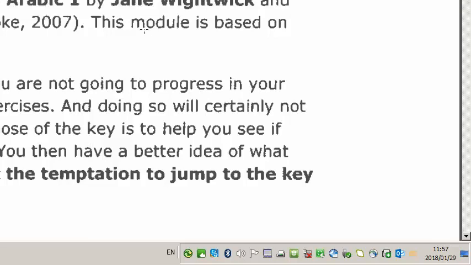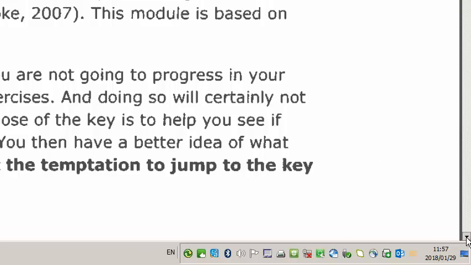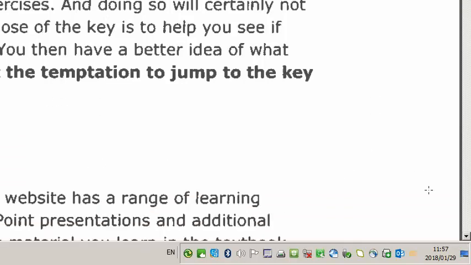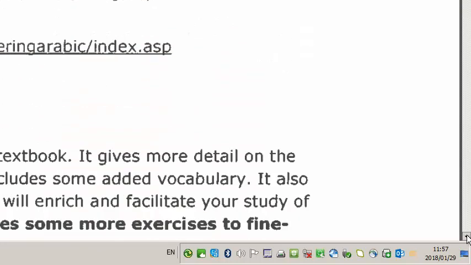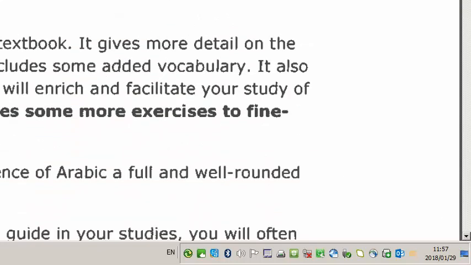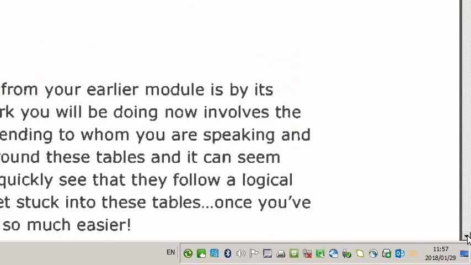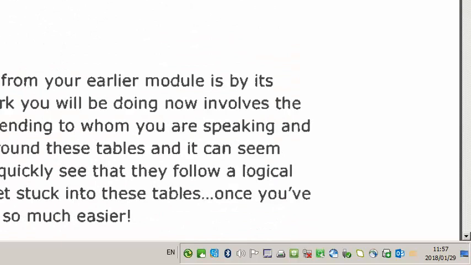Because we use Medina Arabic, as you did with 1501, you don't need that textbook. So just kindly ignore that and ignore the section on the companion website. Of course, you're welcome to buy this textbook if you wish. It will enhance your Arabic studies. It's quite a good textbook, but it's really not compulsory.